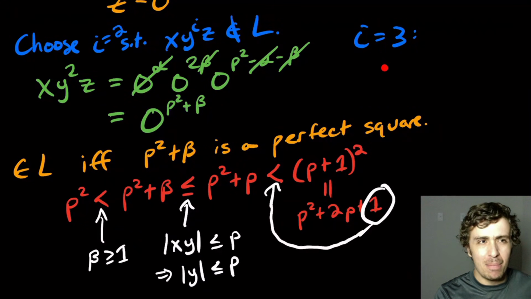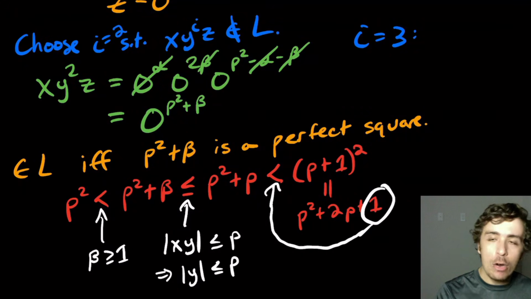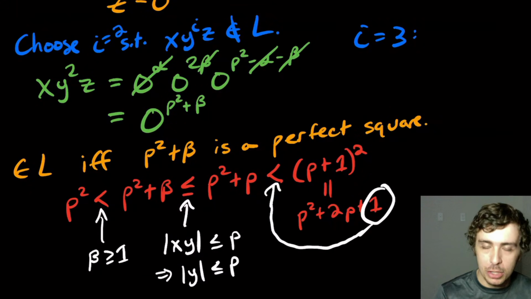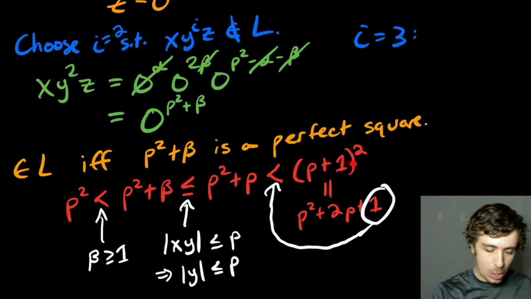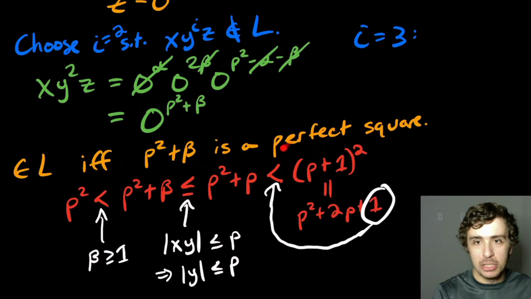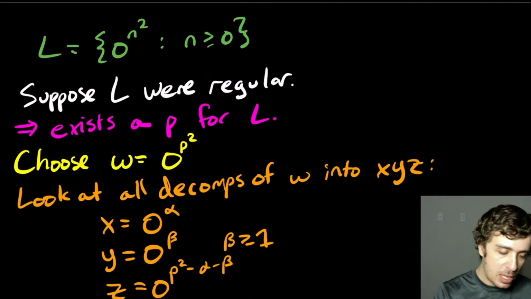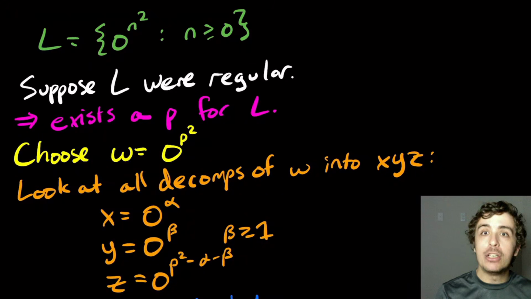I think maybe the i equals 0 one also works, but I haven't checked. But for higher ones, it's a lot harder to make sure that it's not actually a perfect square, because it could potentially be equal to one if it goes any higher than p squared plus 2p. Okay, cool. So that's how you show that the perfect squares language is not regular.